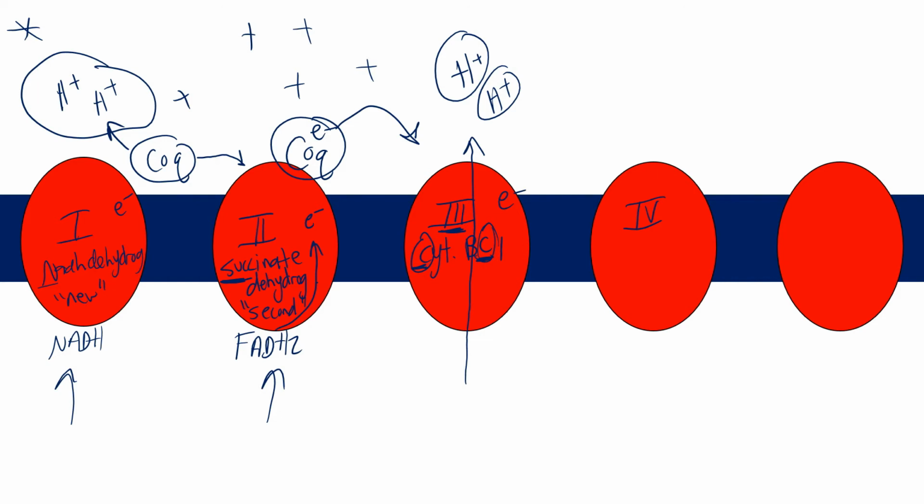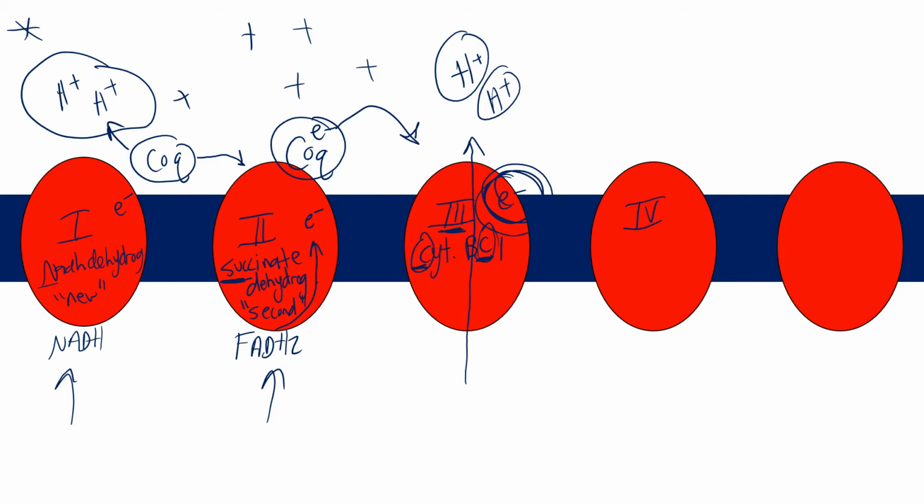Okay, so just like we said before, this is complex 3, it's sending protons across using the electrons from coenzyme Q that came from complex 1 and 2, from the NADH and the FADH2. So now that we've gotten more protons, coenzyme Q has done its job.